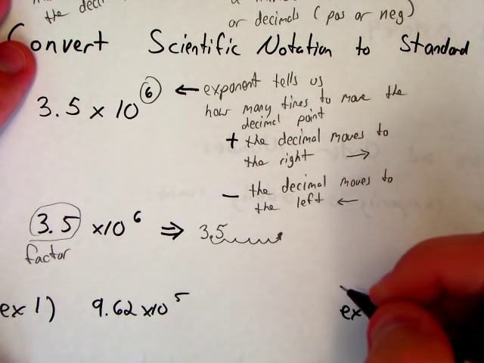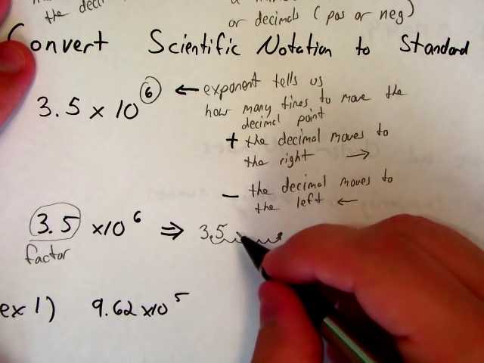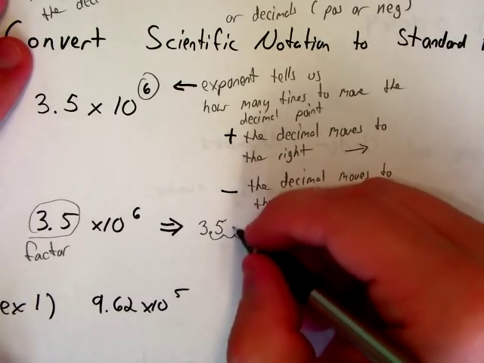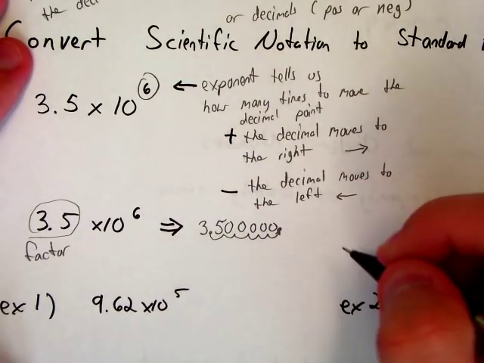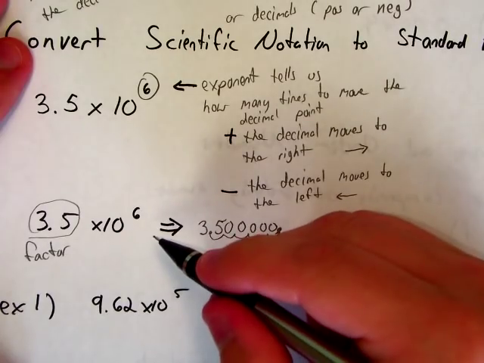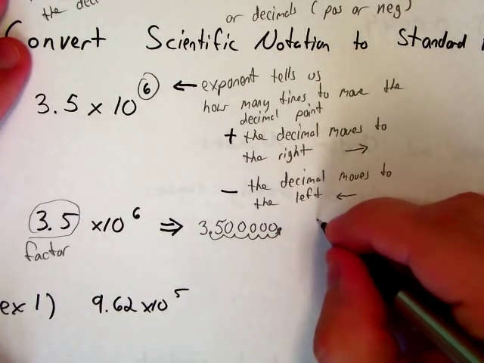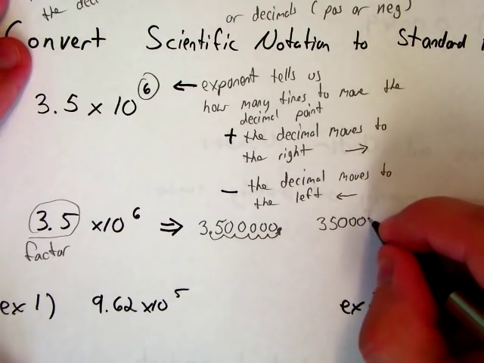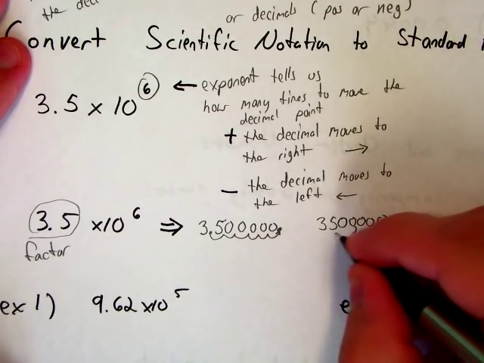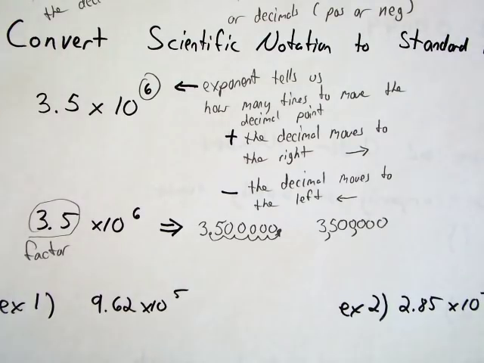So the decimal point is now right here. I have all these extra spaces, so I fill them all in with zeros. So 3.5 times 10 to the 6th is 3,500,000.